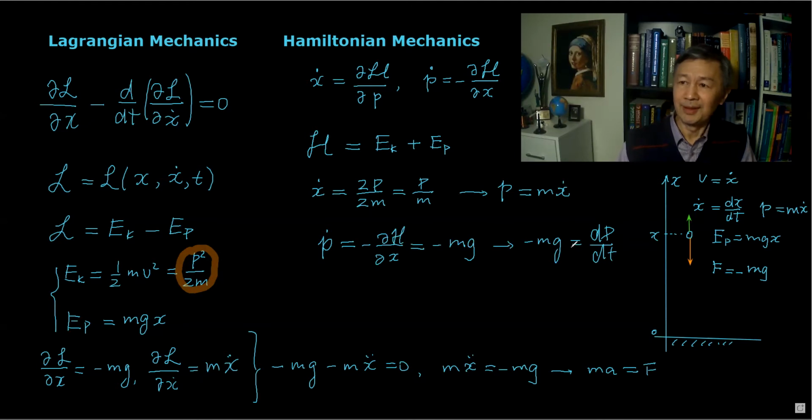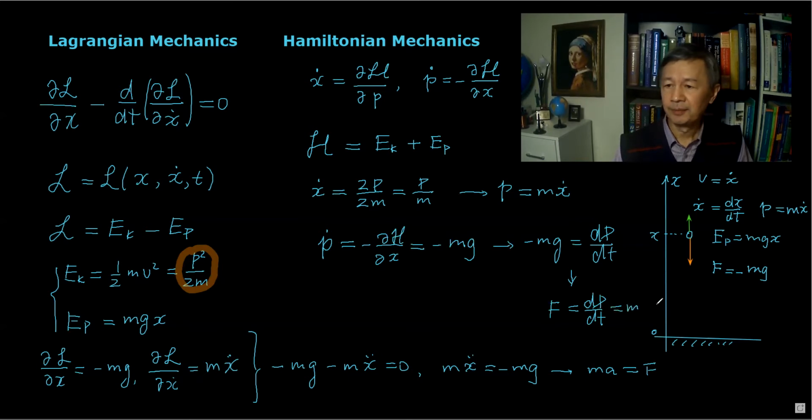This is not surprisingly exactly the form of Newton's second law, because in this case F equals mg. What is dp/dt? If the mass is assumed constant, it is exactly equal to m times the first derivative of v.